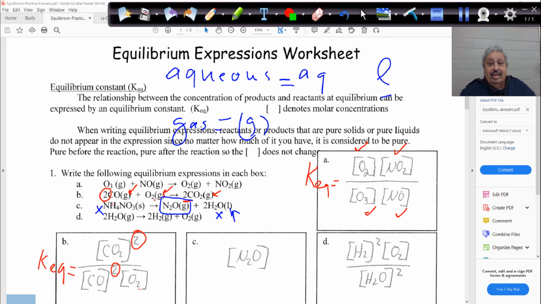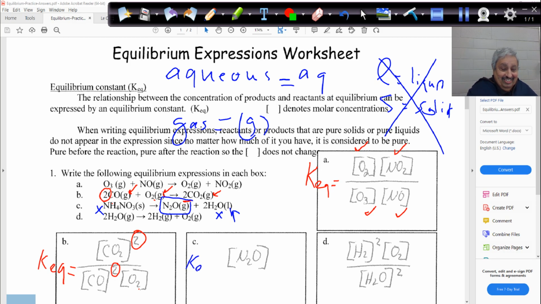L, S, liquid and solid, those are discarded. It's not part of it. So what will K equilibrium be here? This one, only this, correct? See how nice? That's correct.